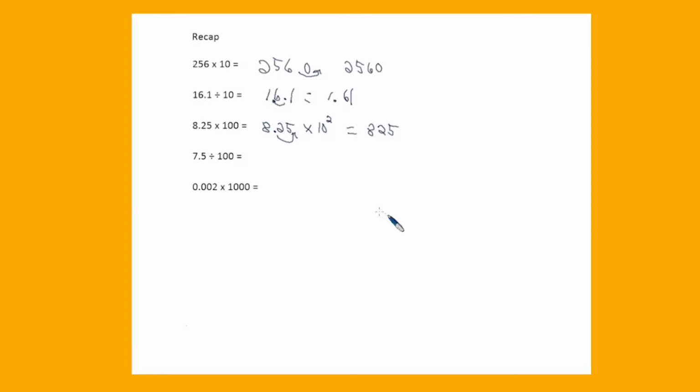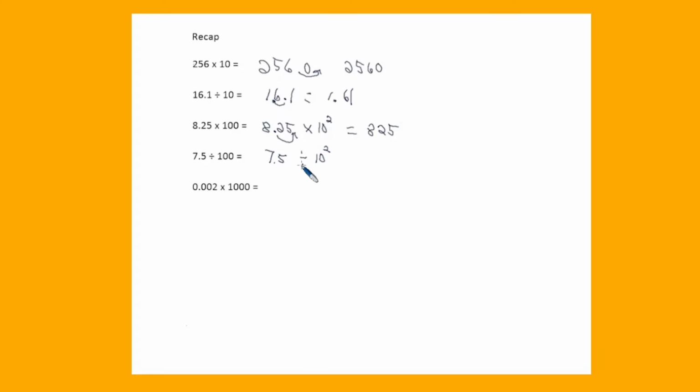So that gives us 825. Here I have 7.5 divided by 100. And so that would be the same thing as 7.5 divided by 10 to the 2.